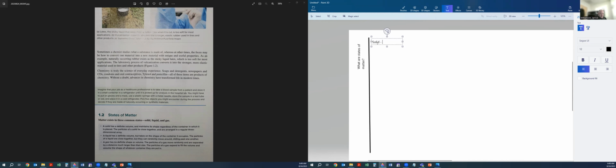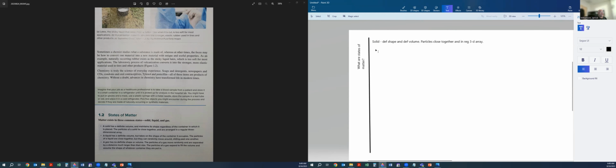Solid has a definite shape and definite volume. Particles close together and in a regular 3D array. That's one state of matter.